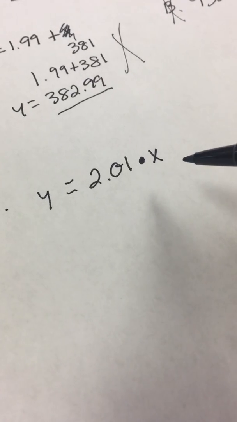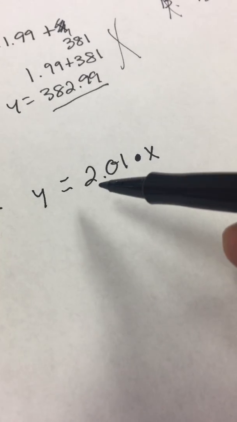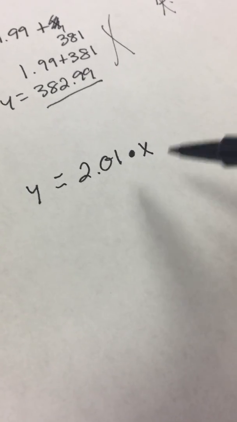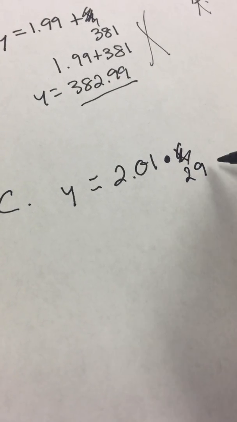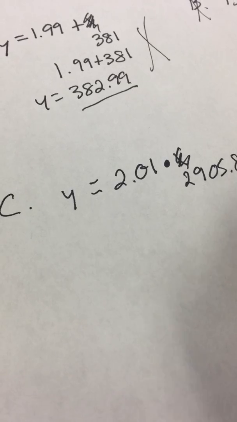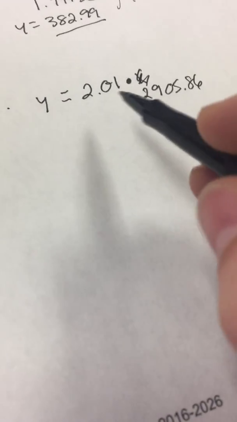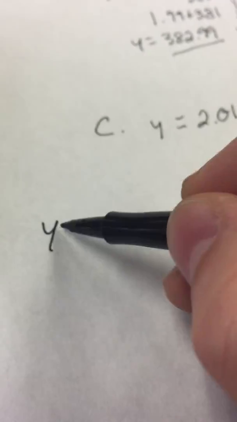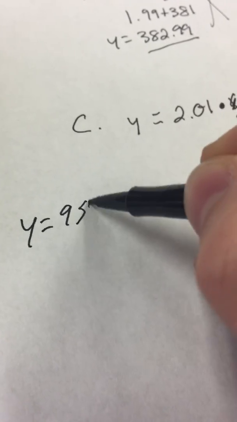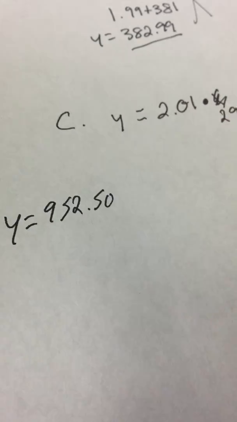But if you wanted to work it out, you can. You would just multiply $2.01 times 2,905.86, and you would get a much bigger number than we need. Y should equal 952.50.